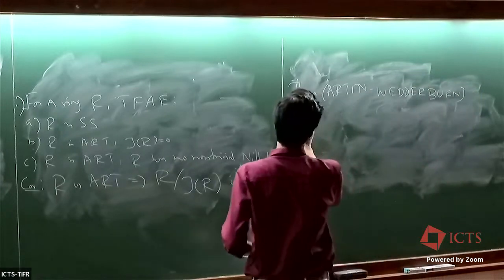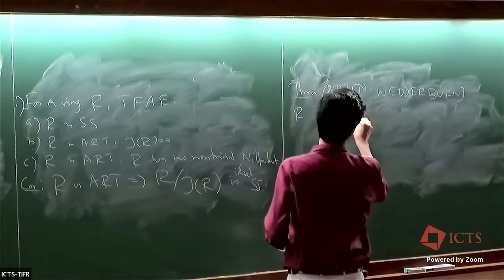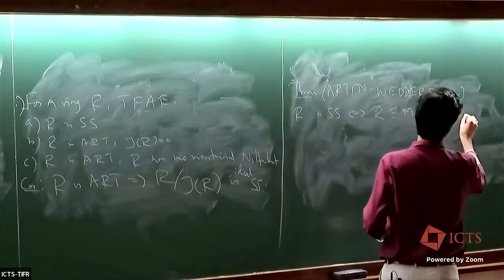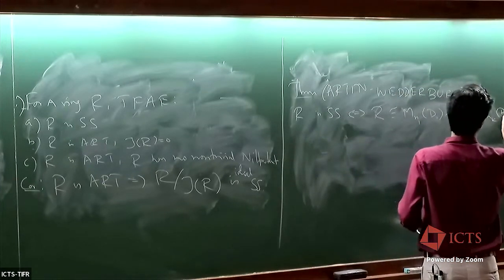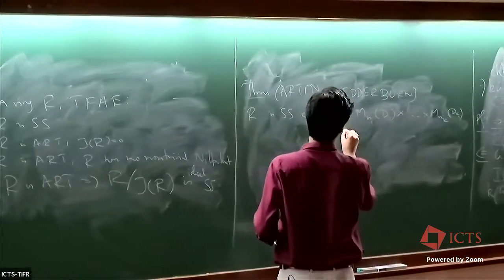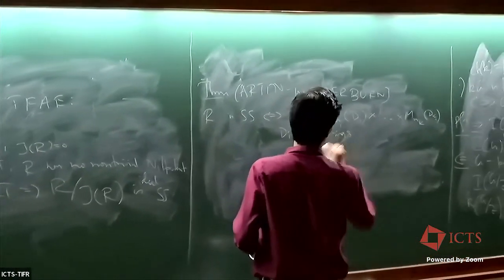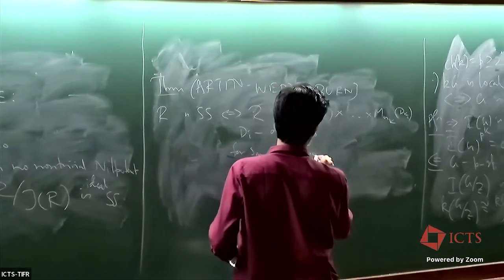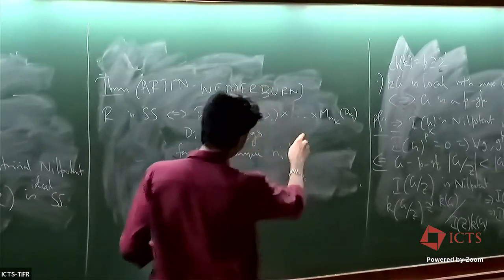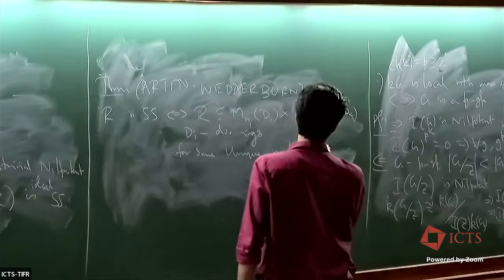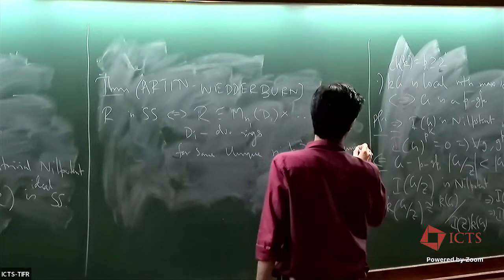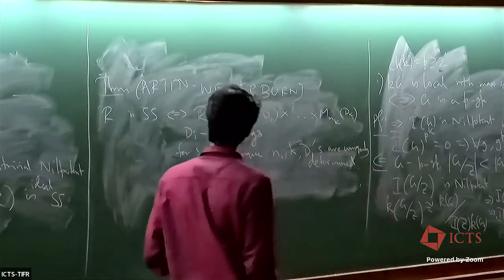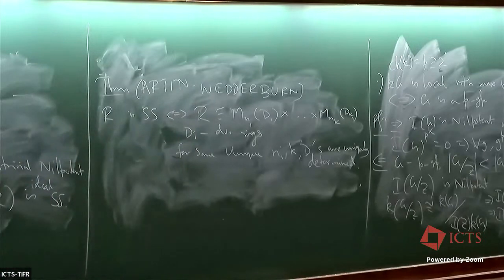So this says that a ring R is semi-simple if and only if R can be written as a finite product of matrix rings over division rings, where the D_i are division rings, and the number of components k, the n_i, and the D_i's are all uniquely determined up to permutation and isomorphism. Therefore, a ring is simple if and only if it is just a matrix ring over a division ring.